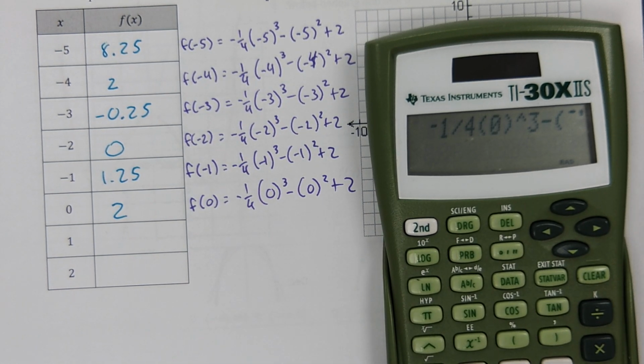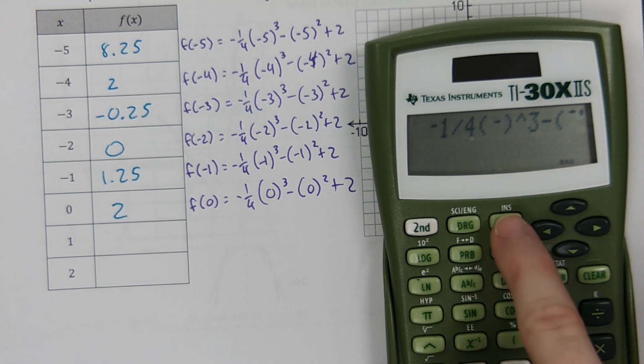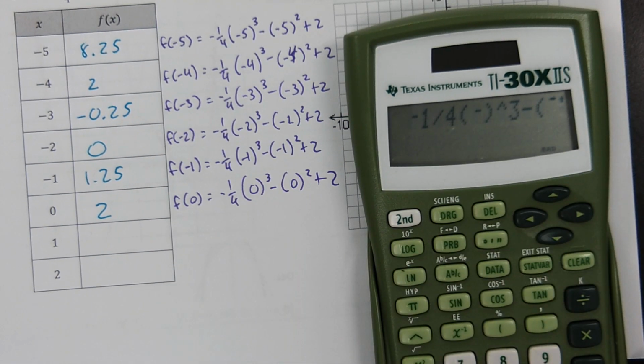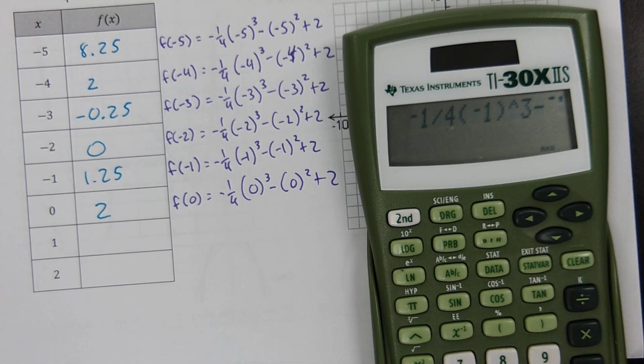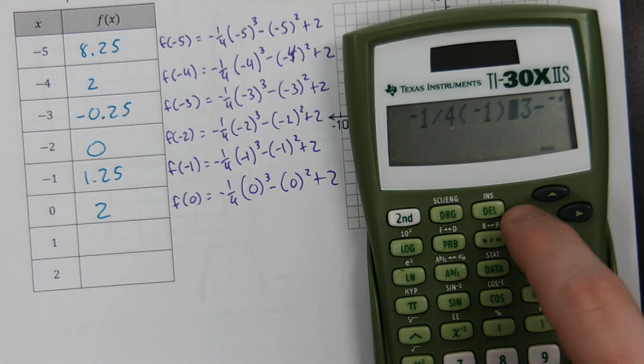If I type a negative, it replaces the 0. If I type a 1, it's going to replace that set of parentheses. So how do I create the space for me to type the 1 is the question. INS is insert. Second insert, 1. There. Just so you know, that's how you do that.